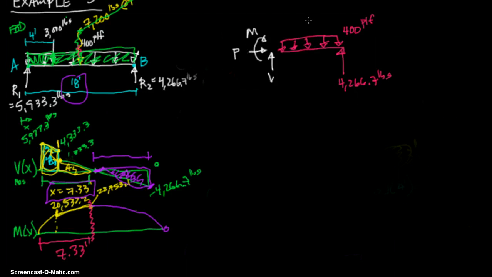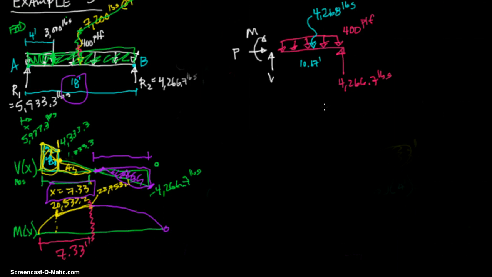All right. Now we want to go ahead and solve this equation right here. And there's plenty of ways you can do it. First thing I would do, you have a uniform distributed load. You make that distributed load an equivalent point load, which is 400 times 10.67 foot, so that'd be 4,268 pounds.